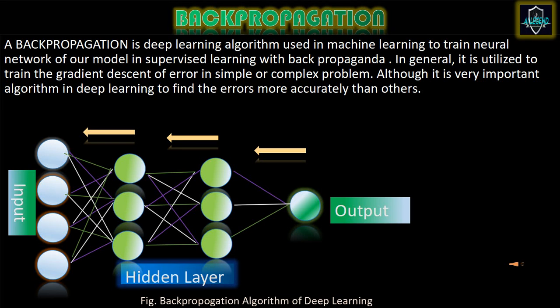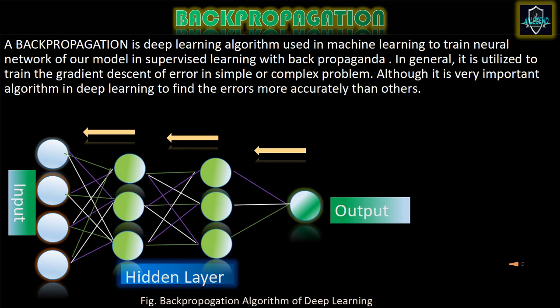For that we will use the MSE, that is mean square error, which calculates the difference between the predicted and desired output. So MSE is equal to (y minus y hat) squared. That is our loss function, we can say mean square error, right?